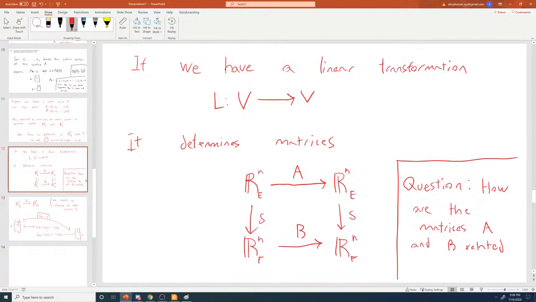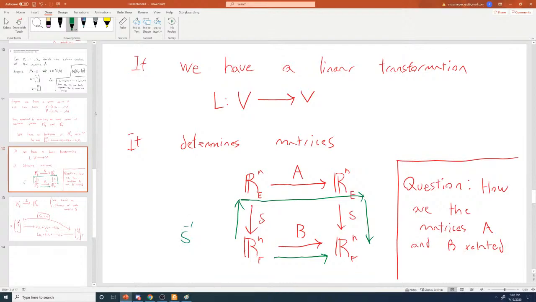Now, here's what we can observe. If we're going over by B, because this square is commutative, it's the same thing as going up and then over and then down. So when I'm going up, I'm going in the opposite direction of S. So that corresponds to S inverse.